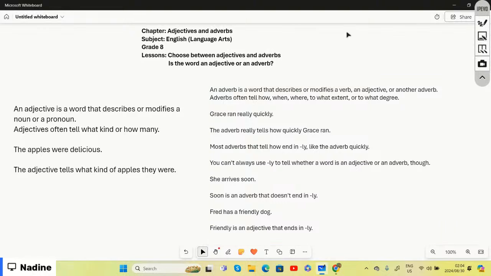And the lessons that we are going to be focusing on are to choose between adjectives and adverbs, and is the word an adjective or is the word an adverb?